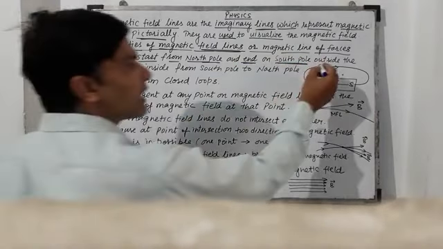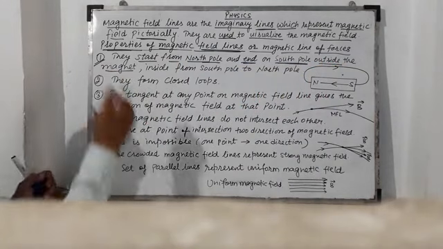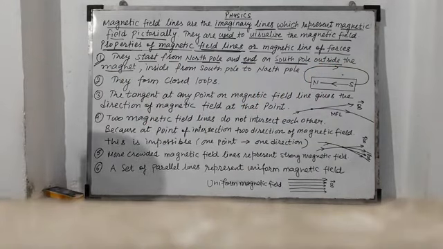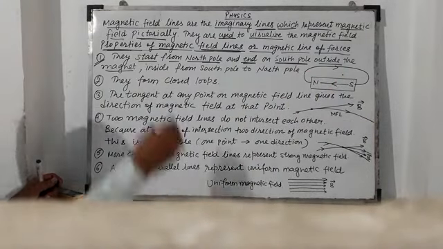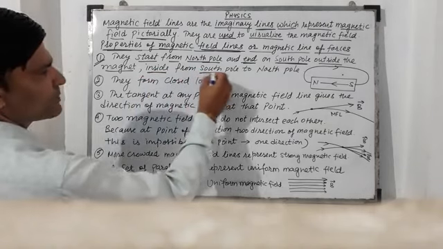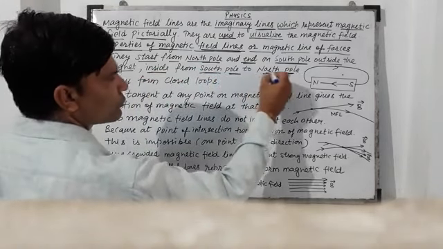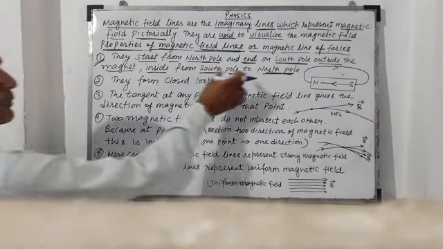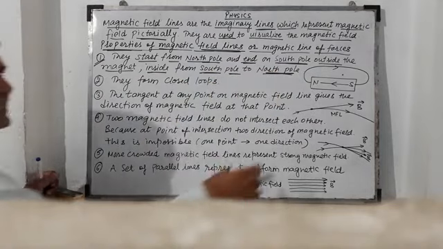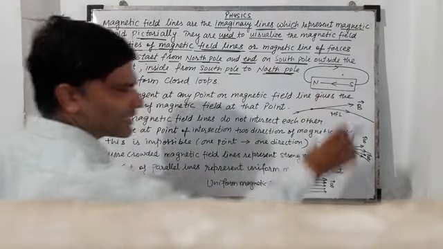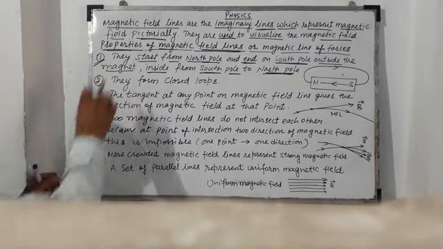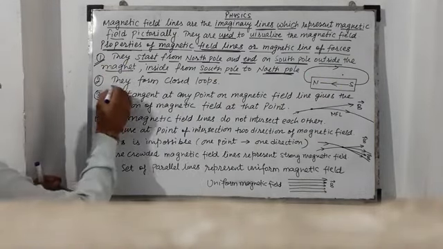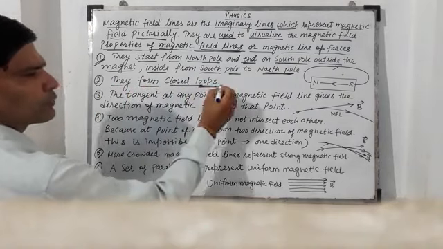This is outside the magnet. North Pole to South Pole outside the magnet, and inside the magnet from South Pole to North Pole. You can see from the diagram. Now, according to the second property, they form closed loops.